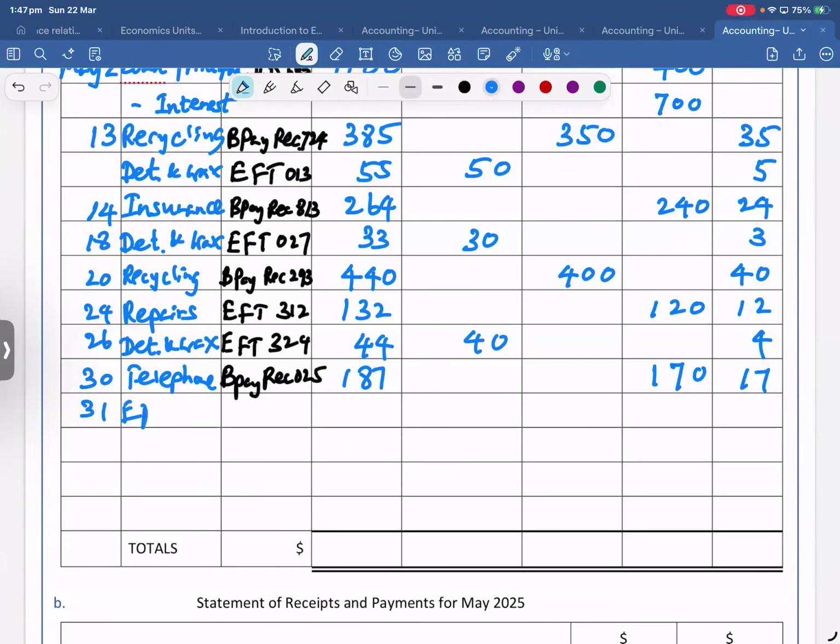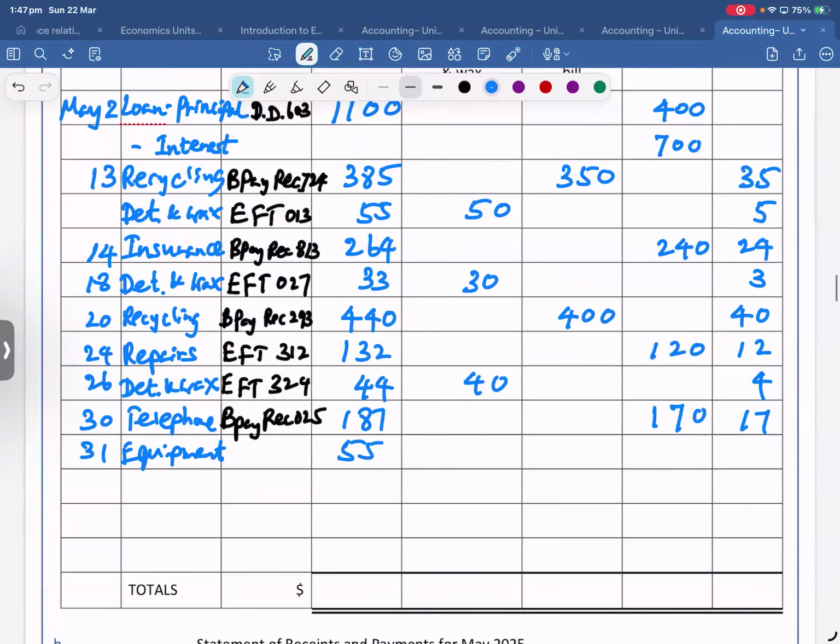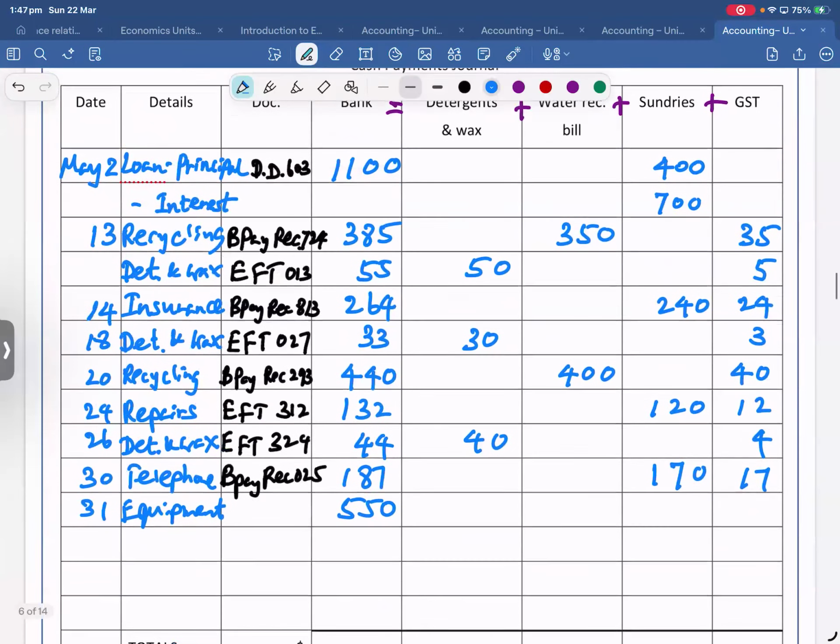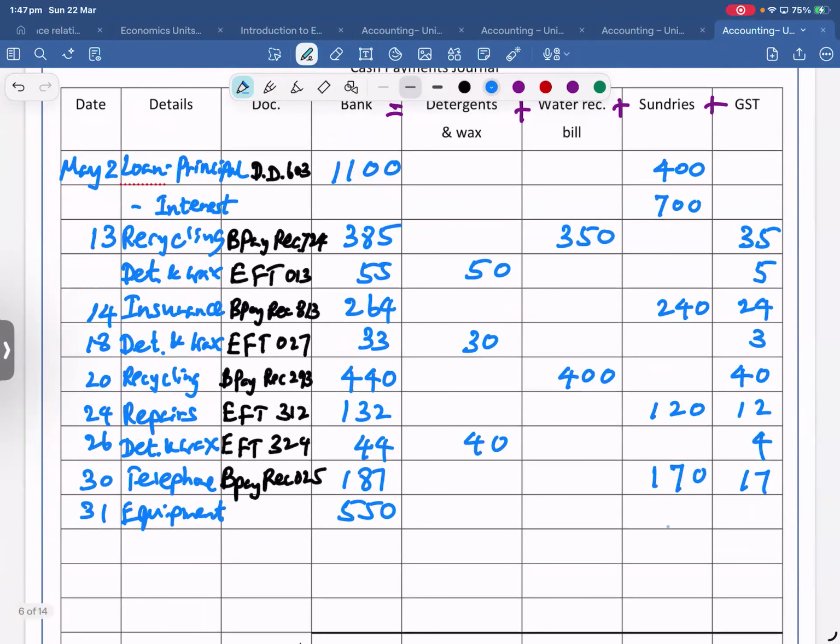Equipment. Total 550. How much? Where do we record it? Sundries, how much? 550 sure? No. I didn't say 550, all the way. 500, and then 15... the GST. Okay.